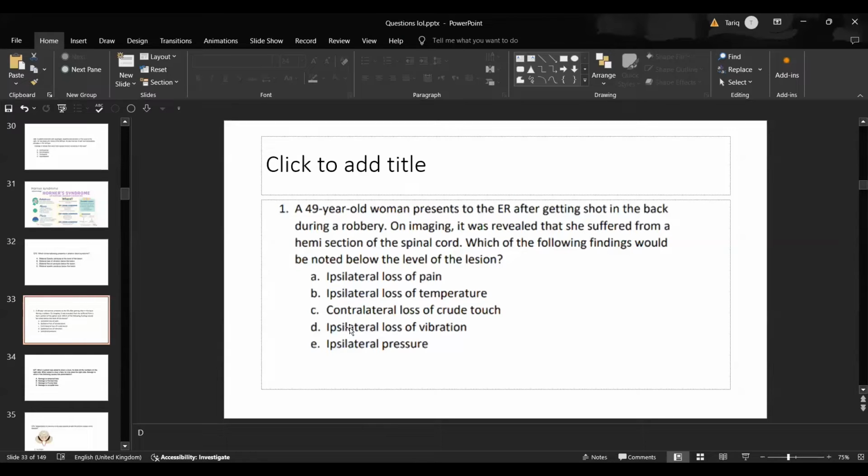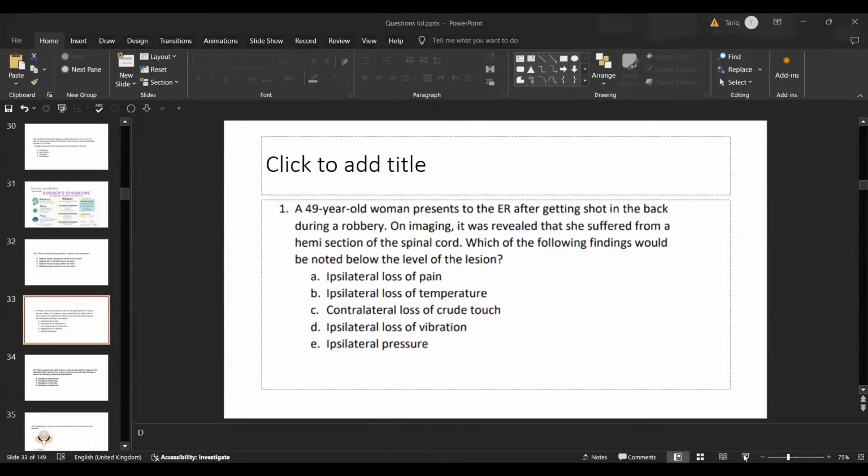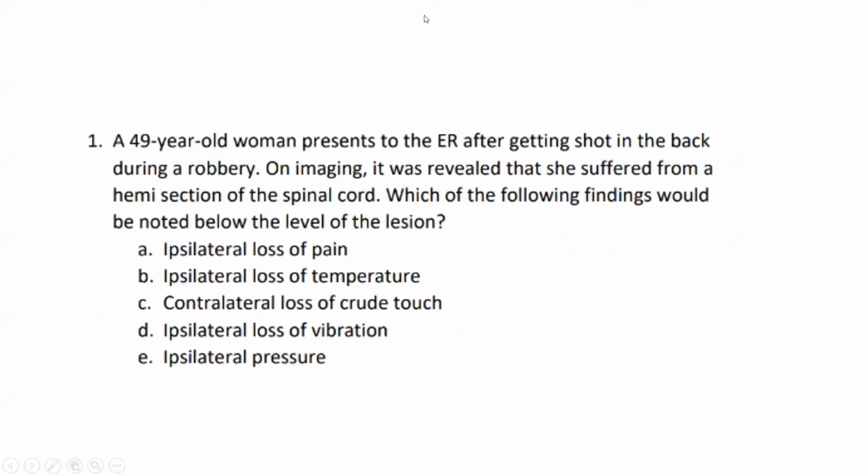And so in this case, you're going to get loss of vibration. Now, someone asked why the answer isn't loss of contralateral crude touch, and that's quite plainly a very good question. I'm going to either assume that this question was appealed, if I'm going to be honest, or some sort of mistake happened with collection, because realistically it should be loss of vibration.